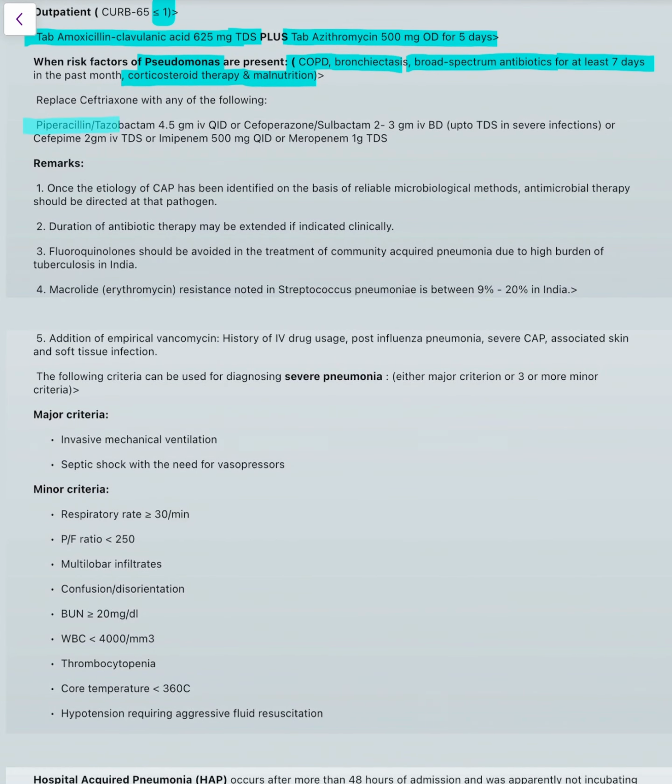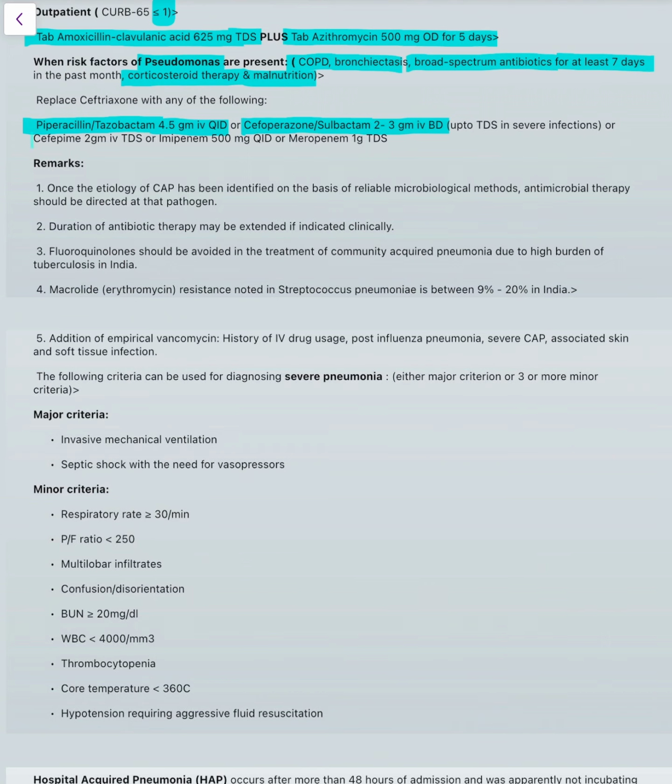One is piptaz, that is piperacillin tazobactam. The dose is 4.5 gram IV 4 times a day. Or cefoperazone sulbactam 2 to 3 gram IV 2 times a day, up to 3 times a day in severe infection.